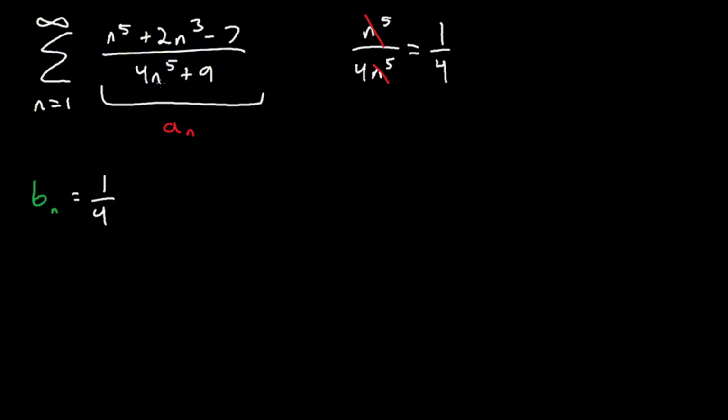Now, here's the thing about this. You can kind of already tell where this is going, right? If b of n is 1/4, then the series diverges, right? 1/4 is some constant number, but I'll still do the limit comparison. If you see something where there's a constant, you can just set b of n equal to the constant. So if you determine b of n is some constant, just set it equal to it, and we can solve for the limit.